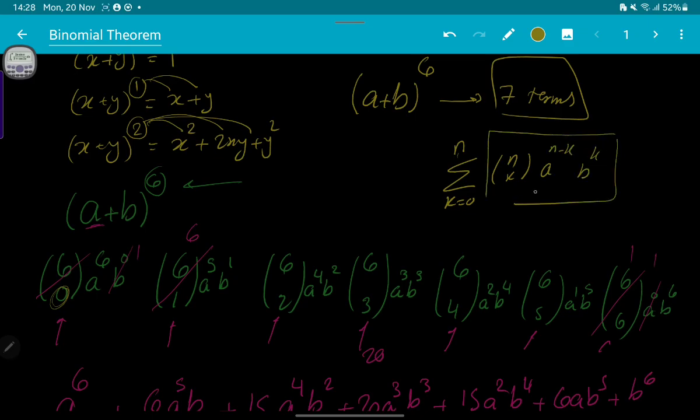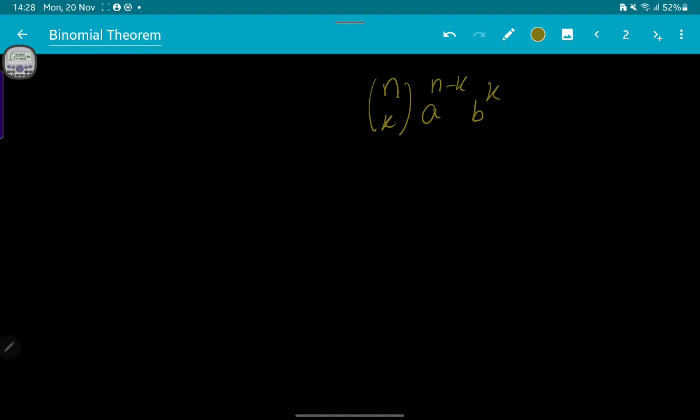This is the formula. So how to use this? If we have (a + b) power 12, and I need you to work out the 7th or the 5th term, 10th term. Okay, 10th term.